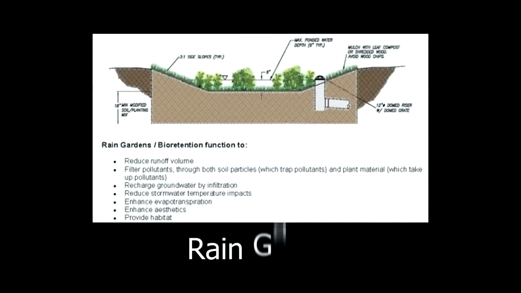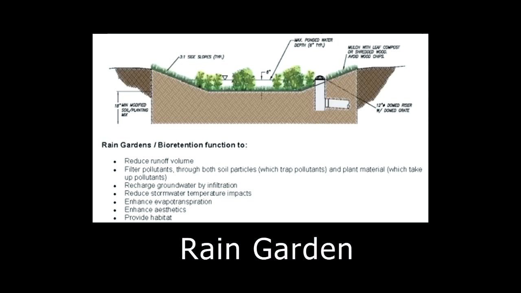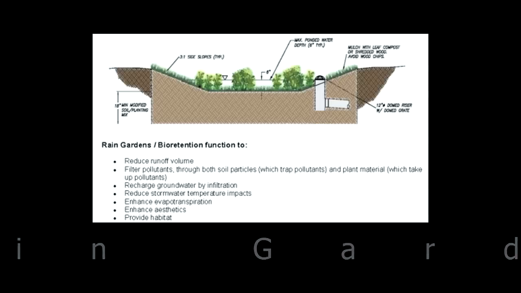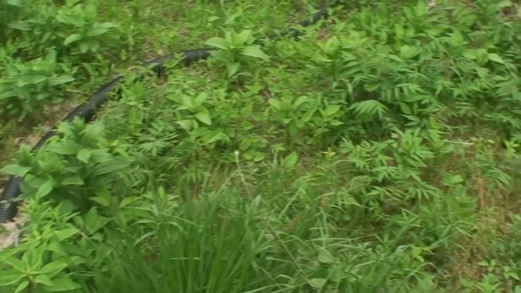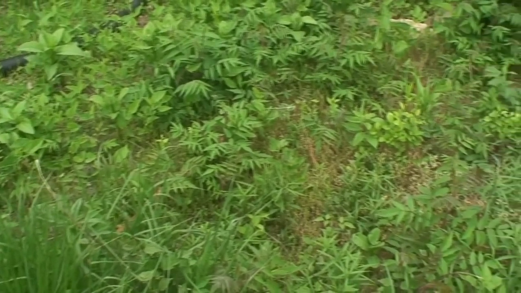Things like installing a rain garden, using native plants that are made to handle those conditions, periodically inundated after a large rain event. And that area can still dry out after some time. These plants are accustomed to these conditions.